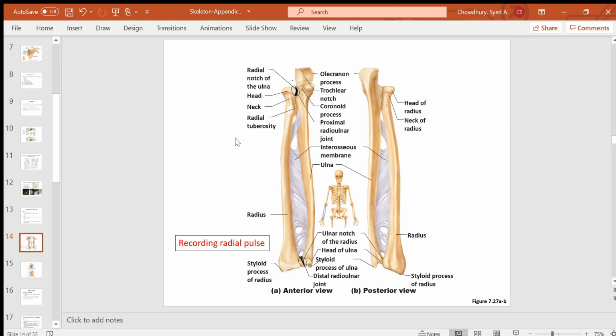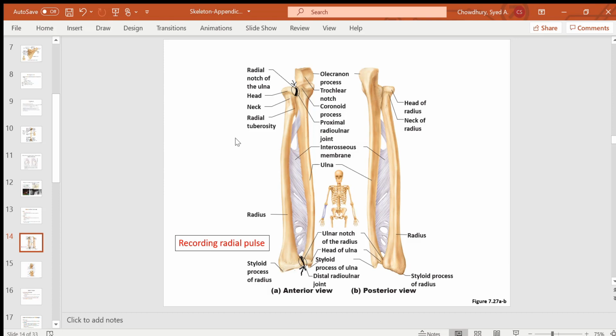So this is the joint where these two bones join at the proximal end, and here these two bones are attached at the distal end.